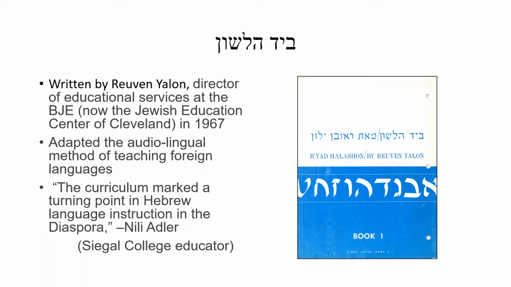Yalon published this book in 1967, and it really did adapt absolutely the audio-lingual methods for teaching foreign languages. It looks almost exactly like French and German textbooks I've seen for teaching in the audio-lingual method. Looks almost exactly the same. And it was very popular. It was in use all over the country. It went into I don't know how many printings.